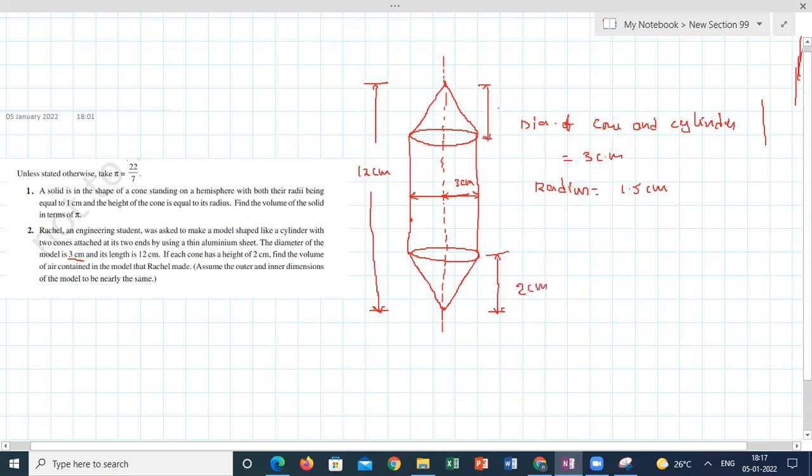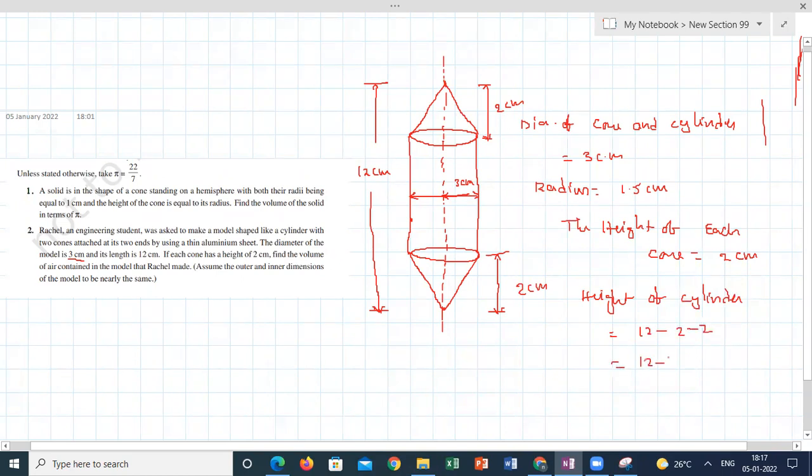So automatically the height of each cone is 2 centimeter, and the height of the cylinder is the total height minus the height of the two cones, that is 12 minus 4, 8 centimeter.